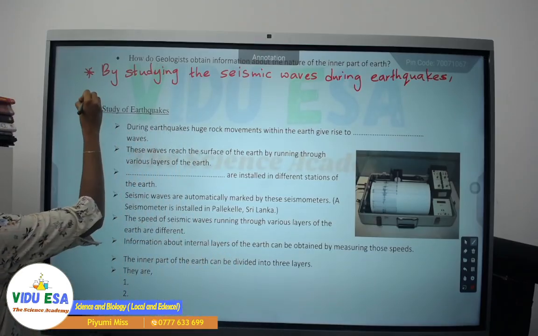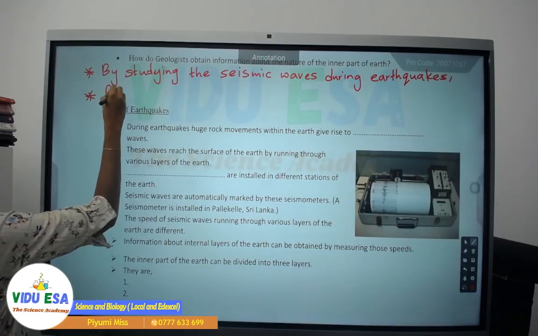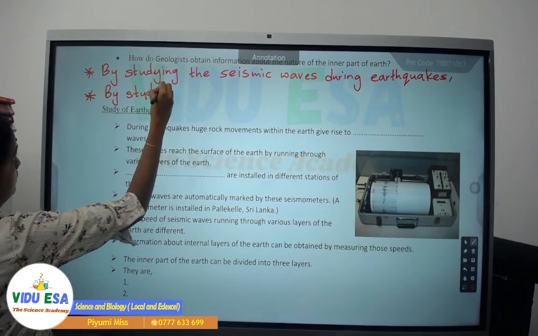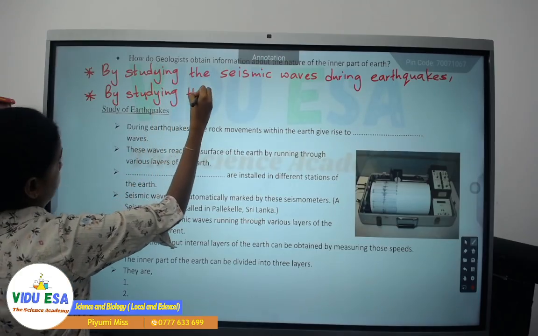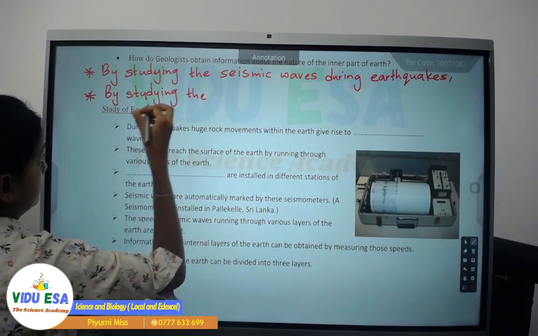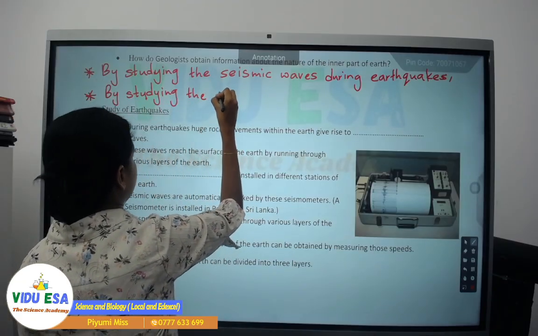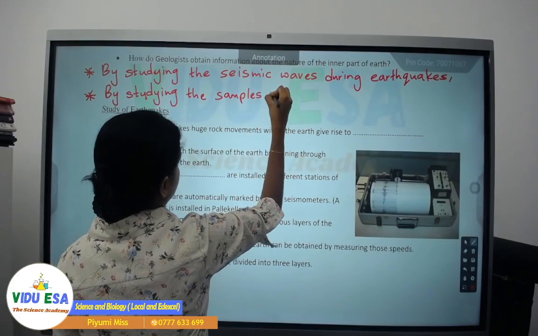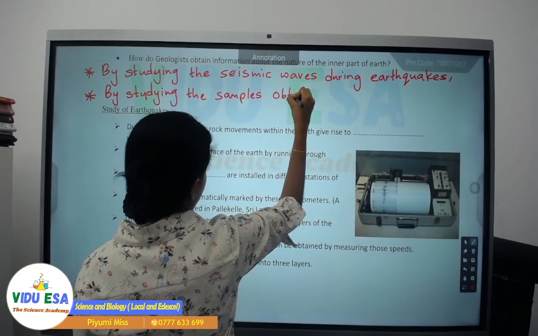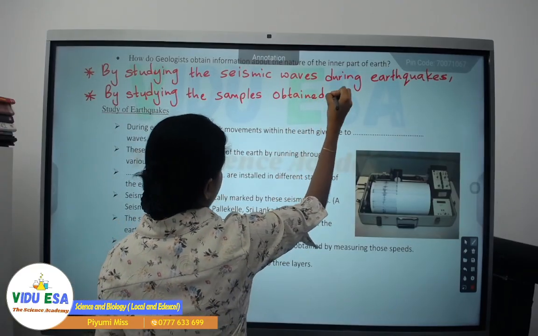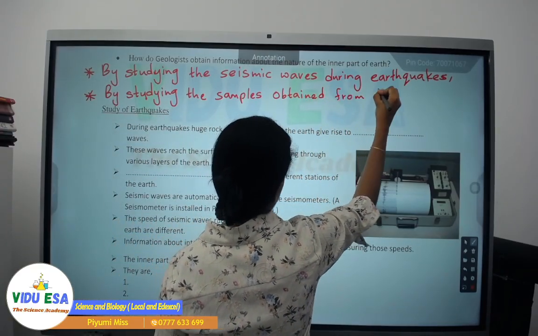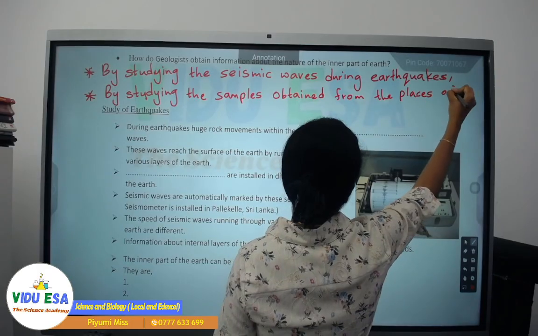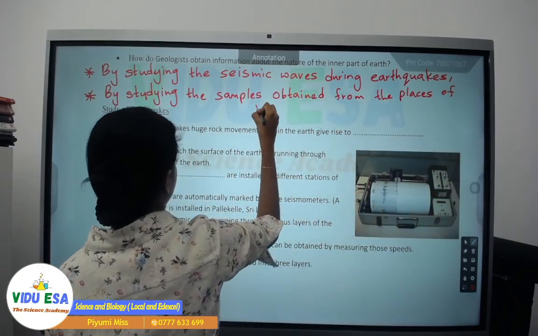So, by studying the samples obtained from the places of volcanic eruption.